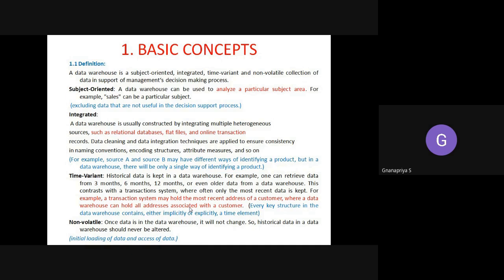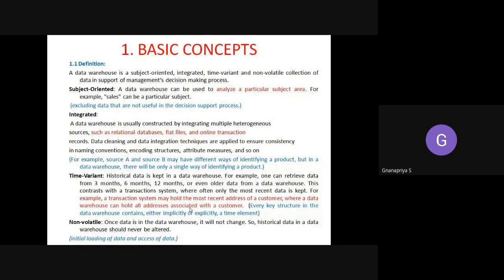So by default, the warehouse will have a field for time. It may either happen implicitly inside the structure, or it can be stored explicitly by the time of transaction, so when the particular transaction has happened. So this information would be in the warehouse.